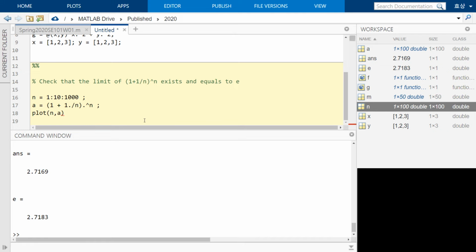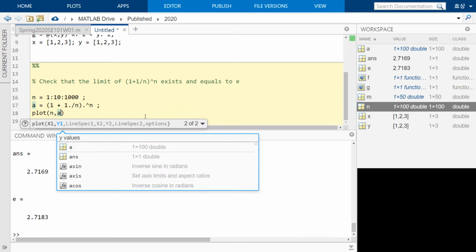So if you plot this way, you get a series of lines connecting the points whose x coordinates are from n and y coordinates from a, right?